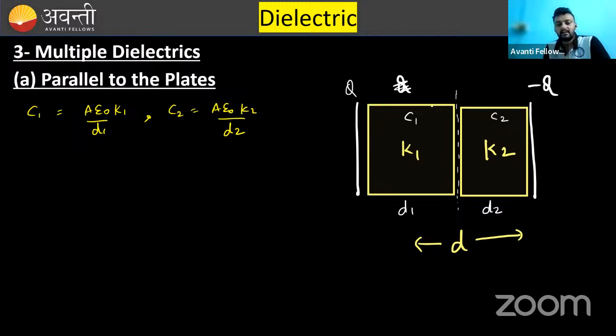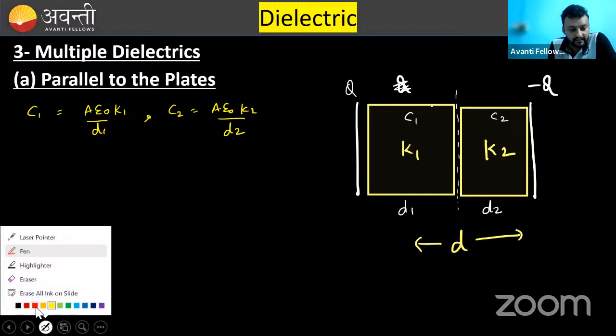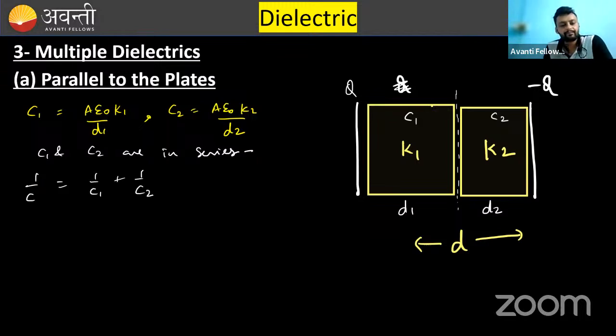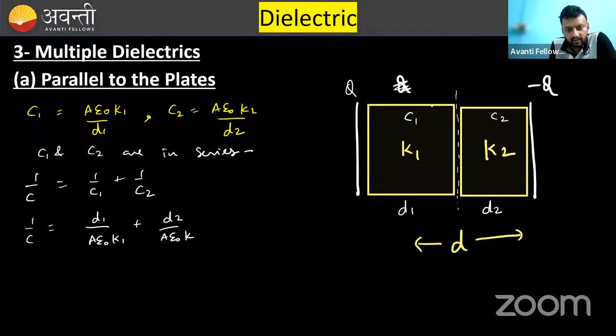So for series combination, C1 and C2 are in series. So 1 upon C equivalent is equal to 1 by C1 plus 1 by C2. I hope you remember this relation. So you can solve it out. 1 by C is equal to 1 by C1 plus 1 by C2, which will be D1 by A epsilon naught K1 plus D2 by A epsilon naught K2.